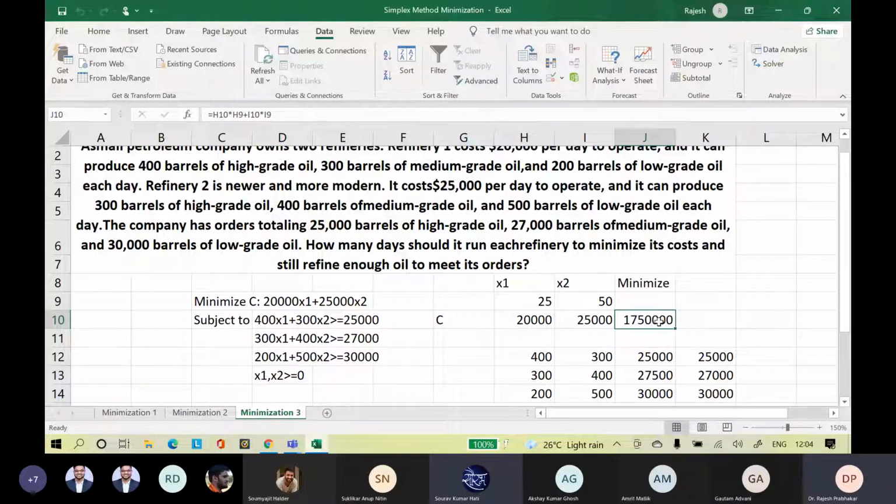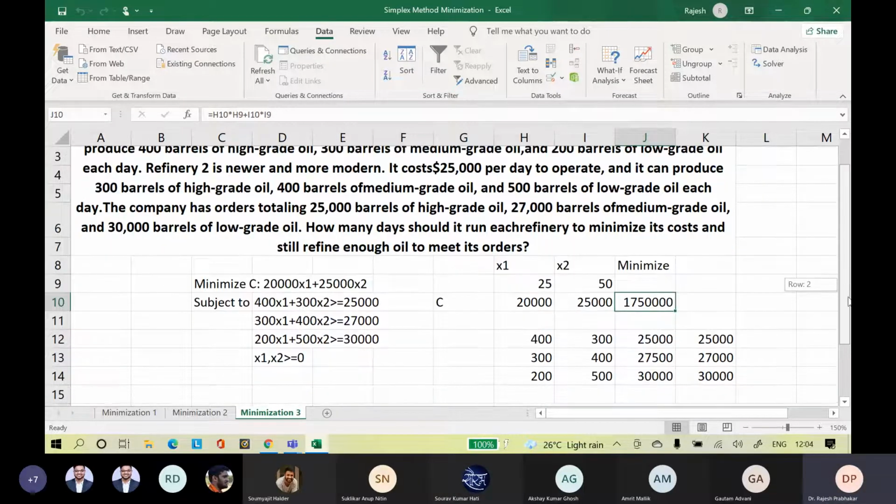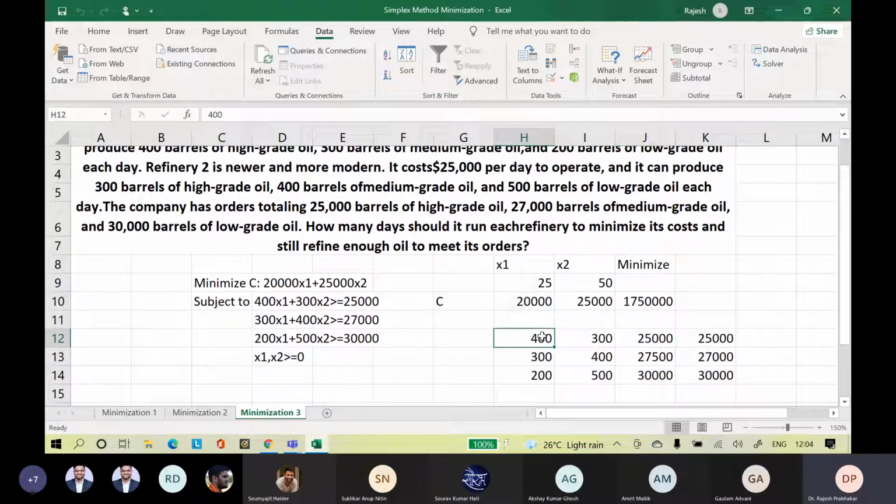And sir, what is the below one? That is 400, 300, and after that 20,000. So in the below part where you have this 400, 300: this is high grade, medium grade, and low grade for refinery 1, and the same for refinery 2.